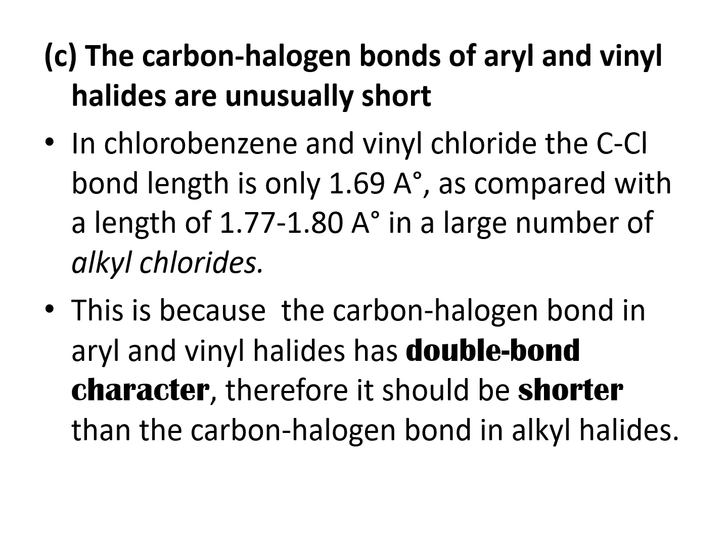This is because the carbon halogen bond in aryl and vinyl halides has double bond character, so it is a shorter bond, and in alkyl halides it is a single bond. So a double bond is a shorter bond. Whenever the bond length is short, the strength of that bond will be high. So this is the third reason for the low reactivity of aryl and vinyl halides.